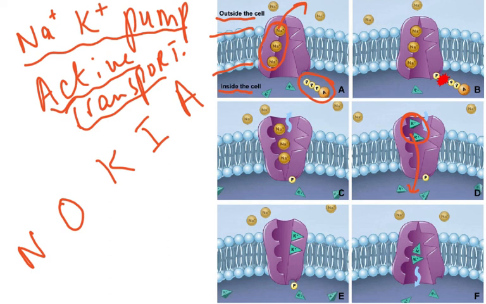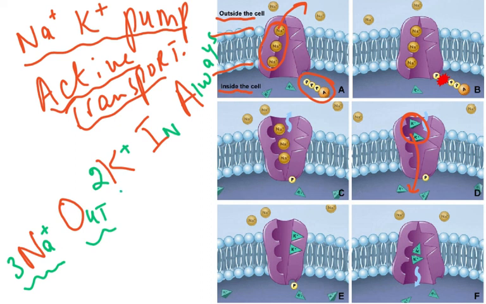So 3 sodium out. Now I've made a very simple mnemonic for this, and the mnemonic is Nokia, and it is 3 sodium out, 2 potassium in always. So this is for you to remember, 3 sodium is out, 2 potassium in.